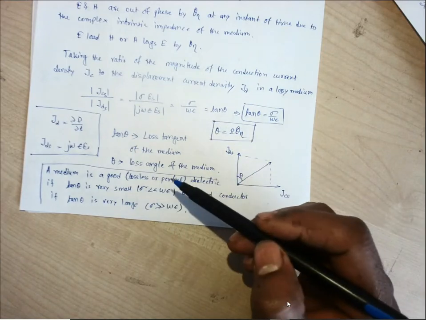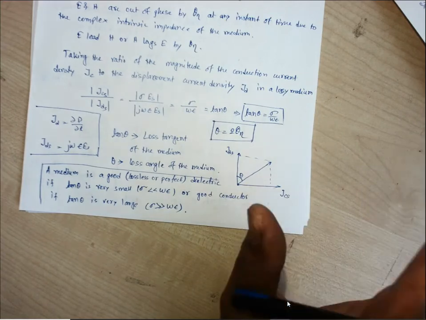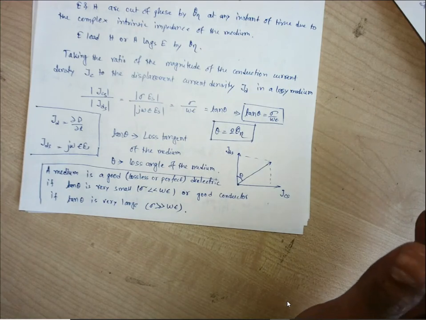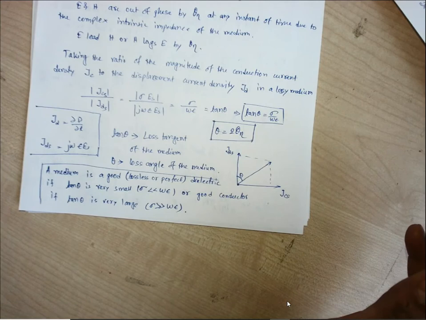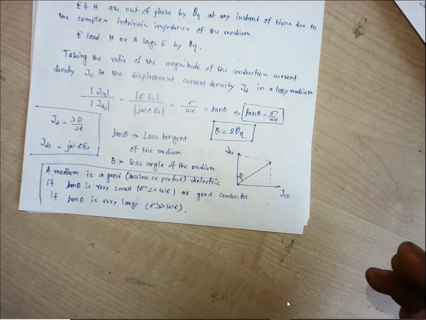If loss tangent is higher, we can say the medium has good conducting properties. Depending upon our requirement, we need to choose a particular medium for a particular operation, either a good dielectric medium or a good conducting medium, for better propagation in the medium. Fine.